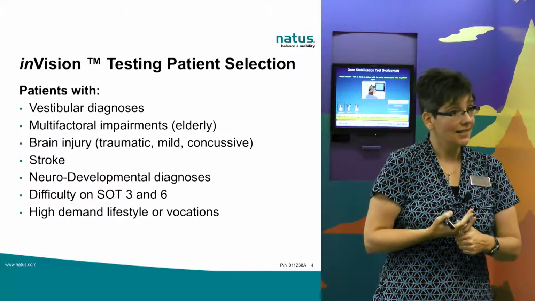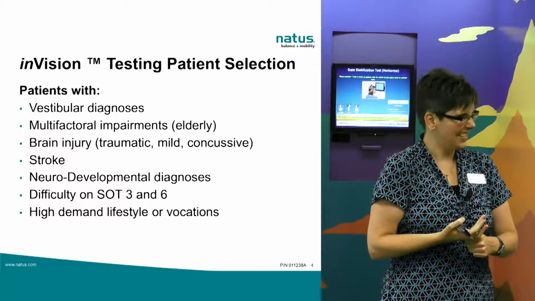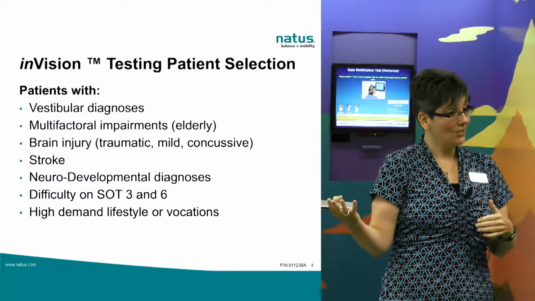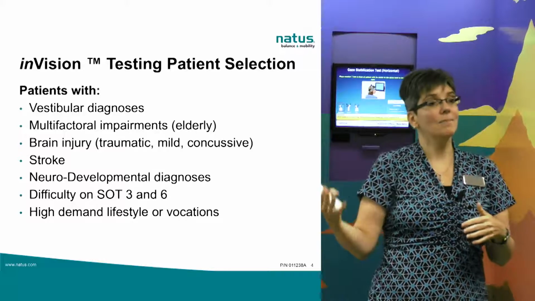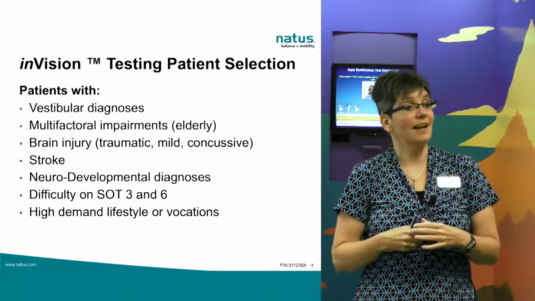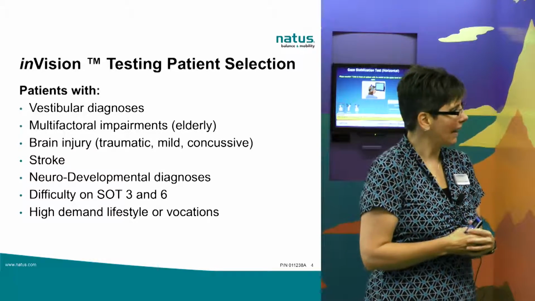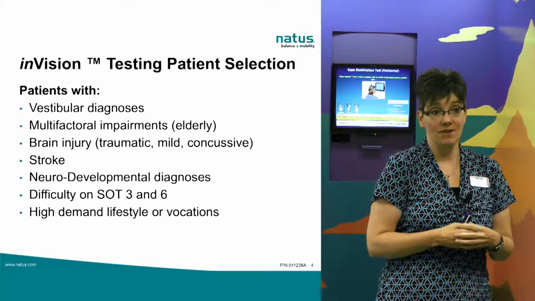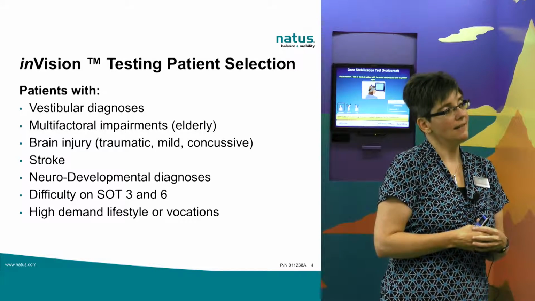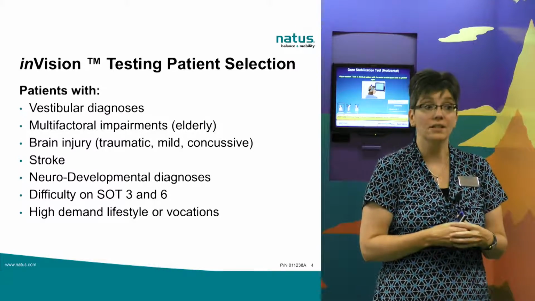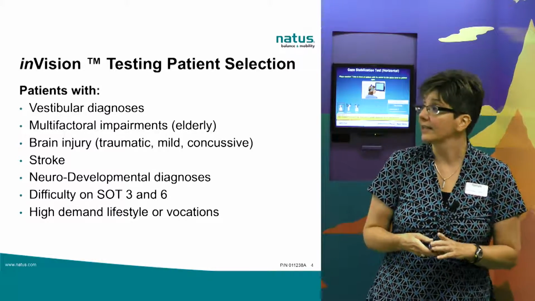The SOT improves usually within about 10 days or 2 weeks. But the dynamic visual acuity can take much longer to improve, and especially the gaze stability at fast speeds. If we're talking about athletes, they need to be able to see with their head moving at very fast speeds, and we're finding that the patients that have a concussion, it's taking them longer to return to their baseline after that concussion.